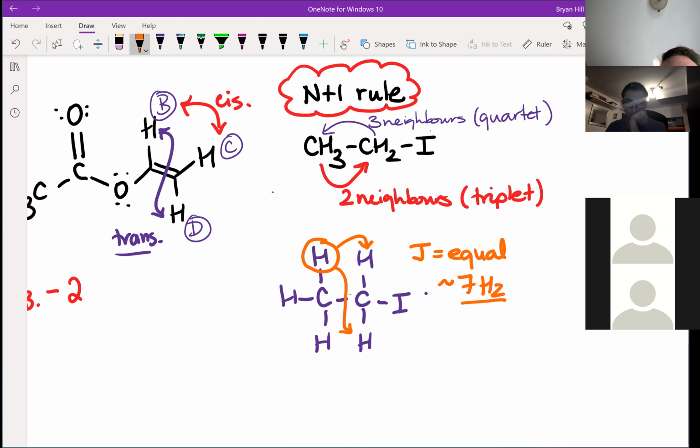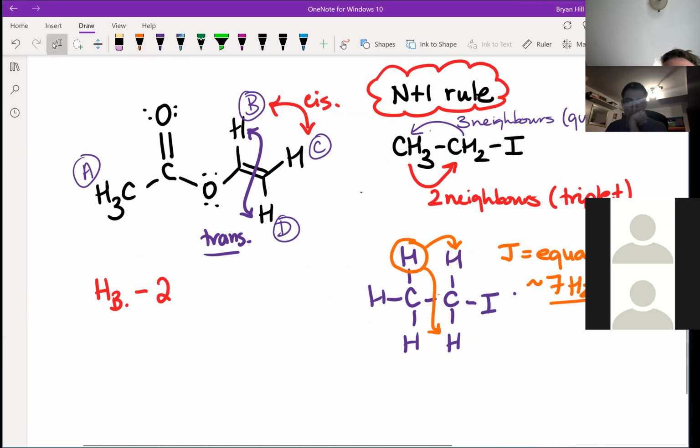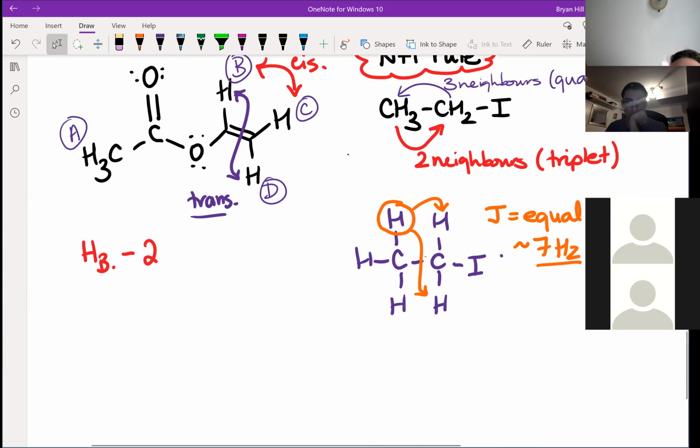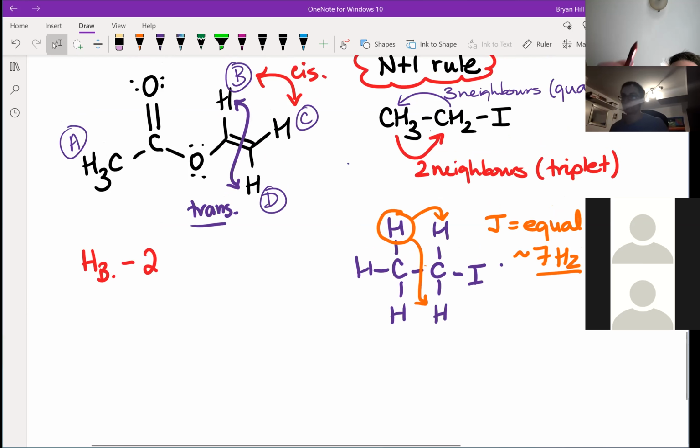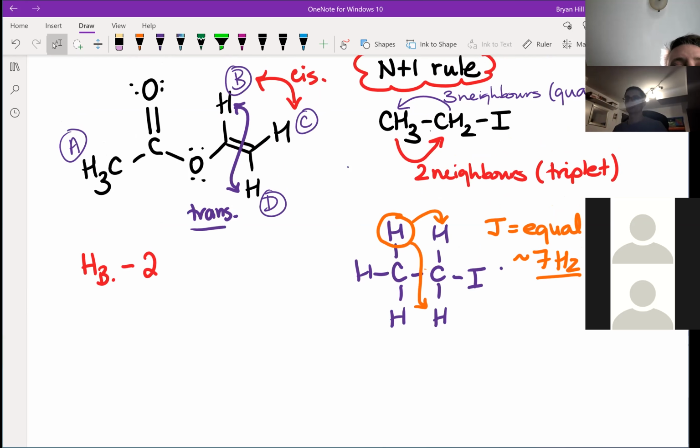Now, when we were talking about coupling constants before, in a previous lecture, there was a different range for cis coupling than trans coupling.